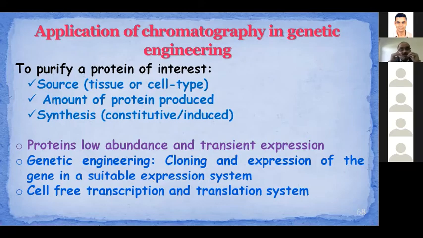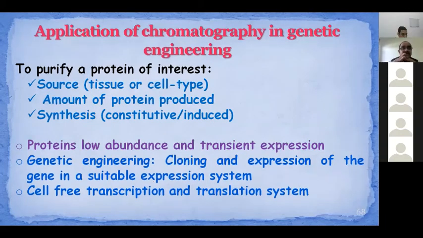But some proteins are synthesized in very low abundance, or some are synthesized transiently for a short period of time in a cell cycle. These proteins may be difficult to purify in enough quantity for structural or functional analysis using the natural site of expression as a starting point.